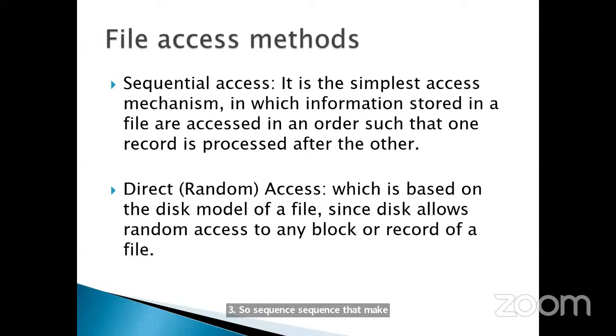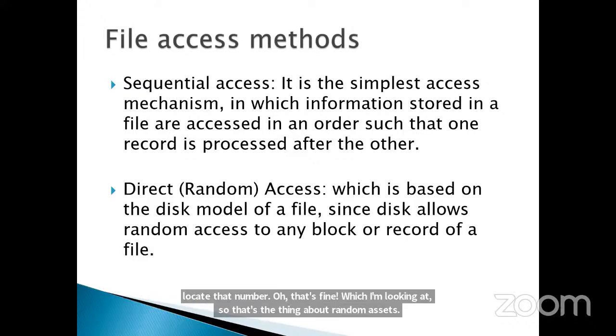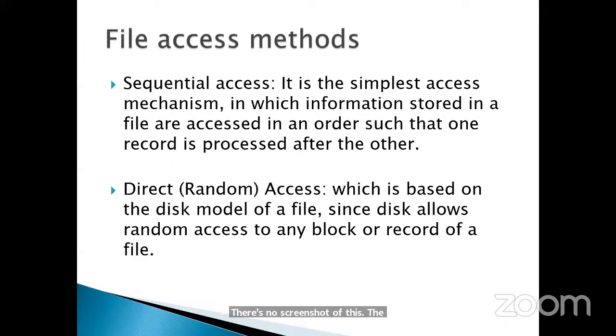But in the case of direct or random access, I don't need to follow that pattern of sequencing. I just need to directly locate, whether by form of index or hashing, that number or that file which I'm looking for. So that's the thing about random access. There's no sequential mechanism used for it. But there are 2 ways that you can use for direct or random access. There's index.